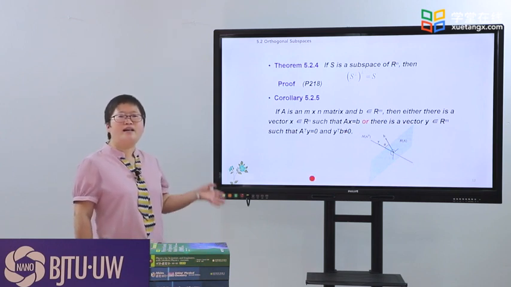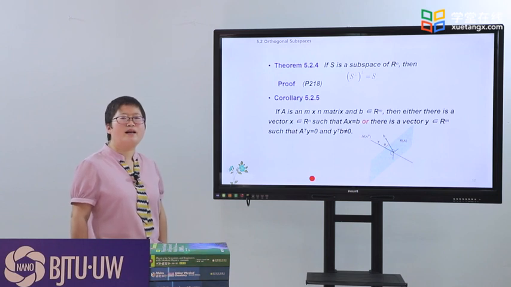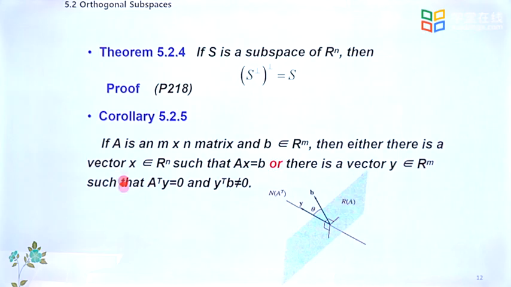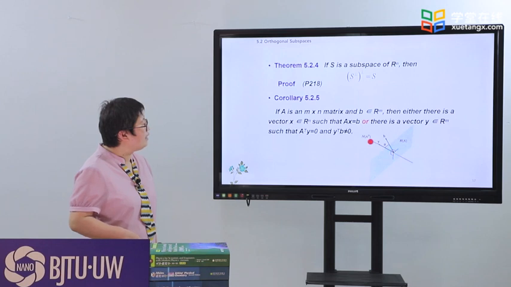At a glance, you might see this as a complex result. But in fact, this corollary is very easy to illustrate. So why do we see it like this? Given any matrix A, an n by n matrix, and any vector b belongs to R^m, we have the range of A here, like in this plane graphically, and the null space of A transpose.